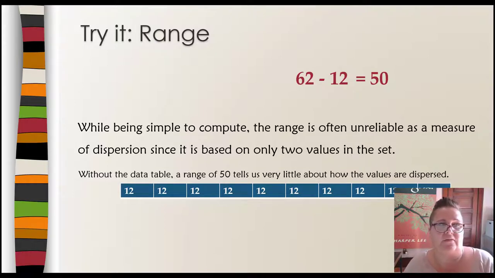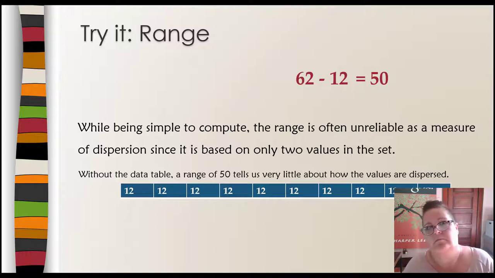So if this was, let's say, the price of dinner, how often I eat out, and most of the time I eat a $12 dinner, and then one day I did a $62 dinner. Saying that the range of prices of food when I eat out is $50 is true, but in terms of my actual habits, you see that most of the time I eat a $12 meal.